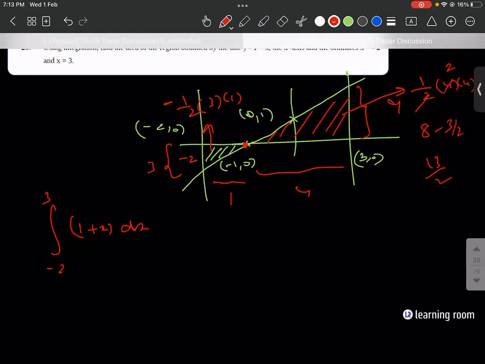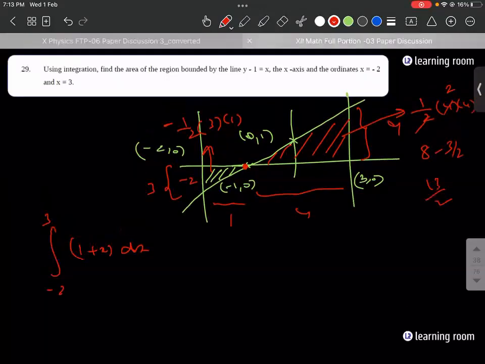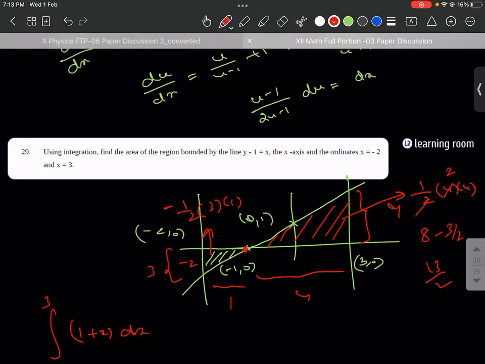Sir, why are we not breaking since -2 to 1 it is below x-axis, right? But it's the same function, no? You want to write it as 1 plus, minus of x minus 1, minus of x plus 1.